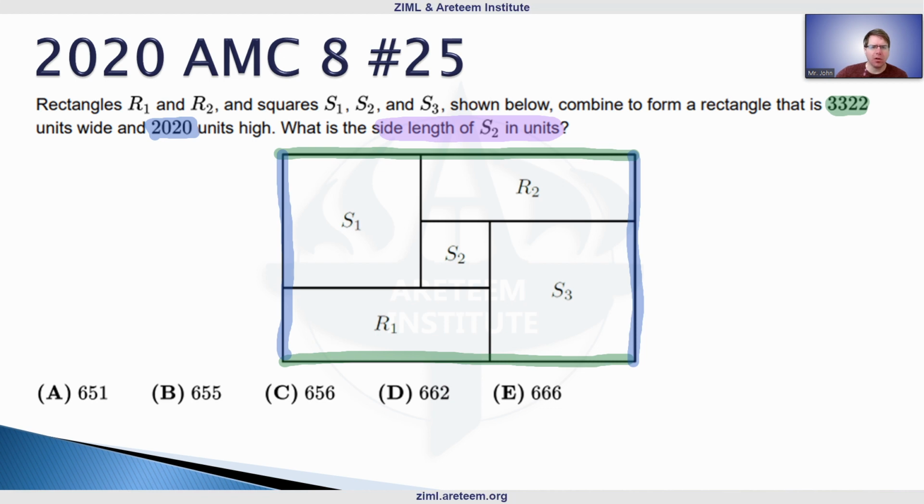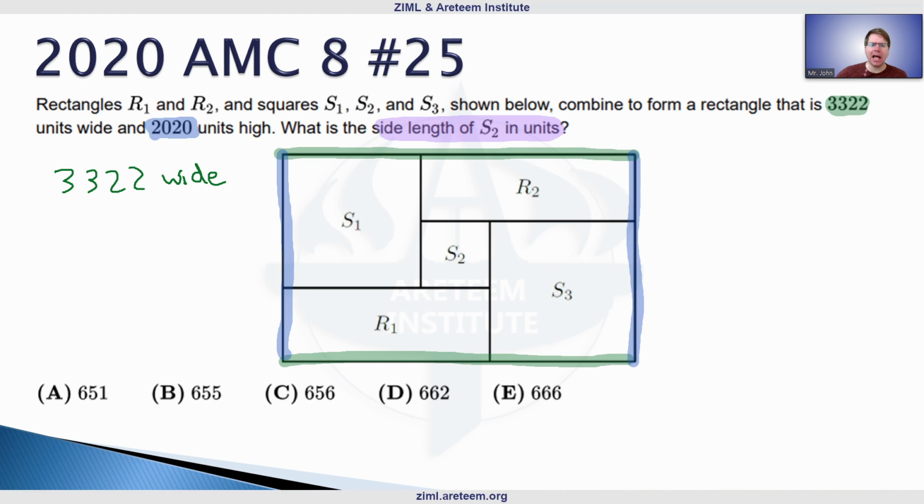So the first thing we want to note here is that we have a lot of different ways of using the information given. For example, if we're thinking about the width of the rectangle, we're thinking about this 3,322 units wide in this scenario.